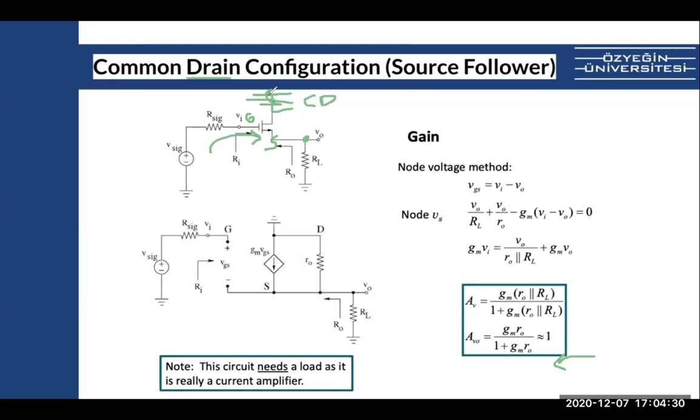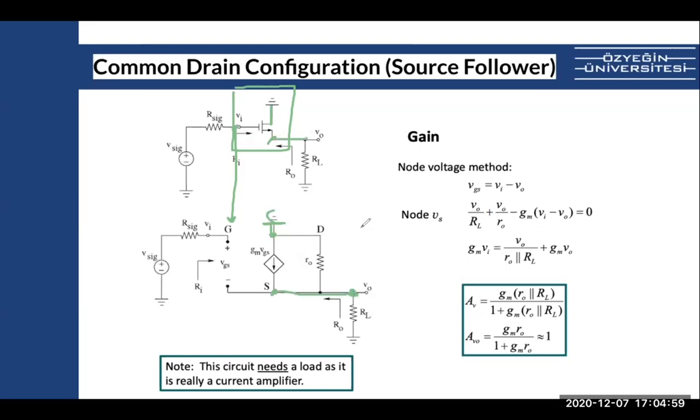But in the AC domain, we ground it. Okay? So doing that, you are again putting the small signal model into the circuit. The gate is connected to here, source again here, drain is here. Now the drain is connected to the ground, and the source is connected to your output.